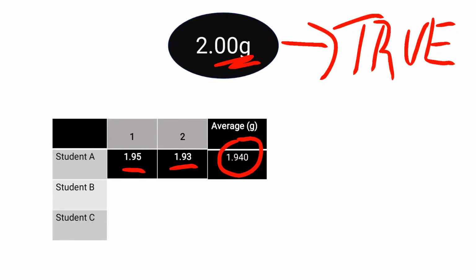They are not exactly matching with each other, which means that they are not accurate, whereas these two measurements are said to be precise. The average value is not accurate with respect to the true value. This is in case of student A.